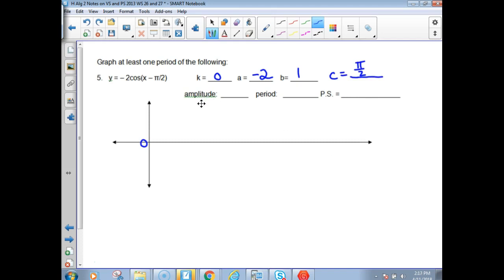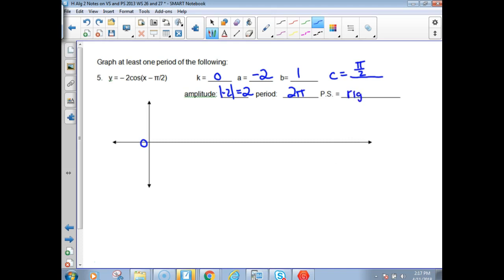The amplitude is never negative. It's the absolute value of -2, which would be 2. Okay, the period's going to be 2 pi divided by 1, which is still 2 pi. The phase shift is going to be left or right.